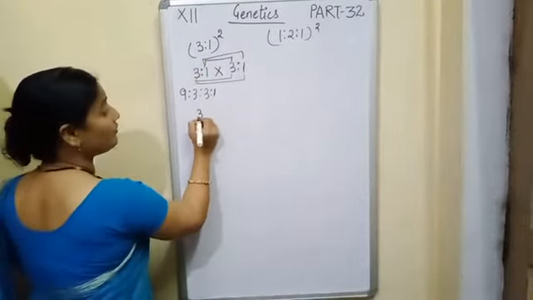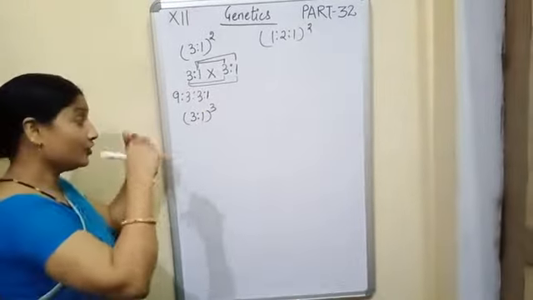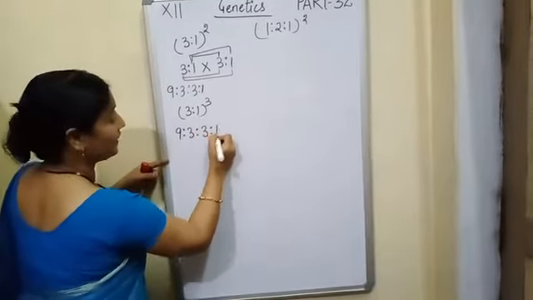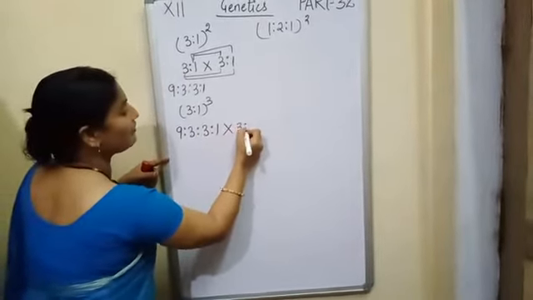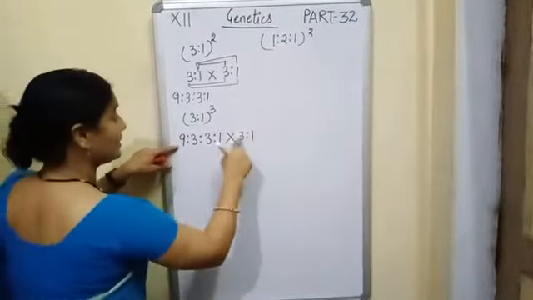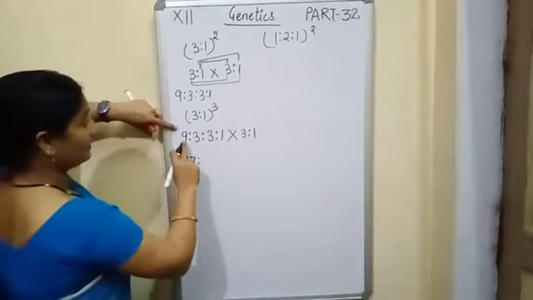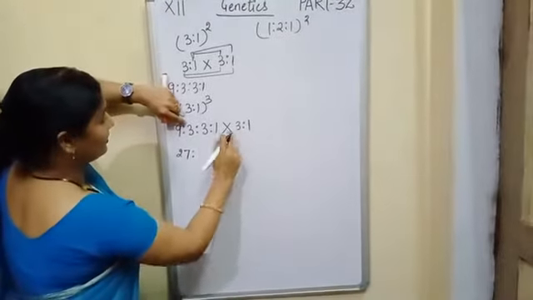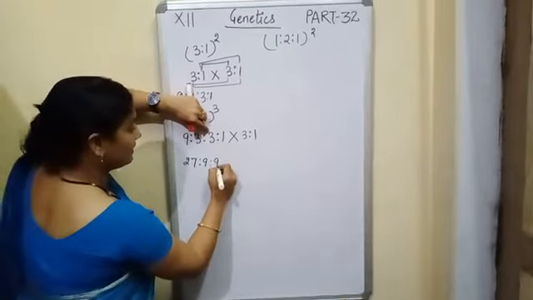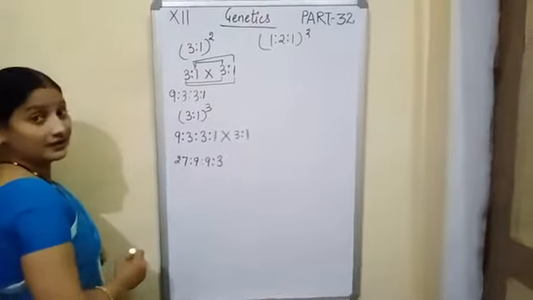In case of trihybrid, what we can write? 3:1 power 3. Okay. For the dihybrid, we have already got the result. Now, this whole will be multiplied by one more time, that is with 3:1. And see the formula. 9 3s are 27. Okay. Then 3 3s are 9. 3 3s are 9. And 3 1s are 3. Clear?